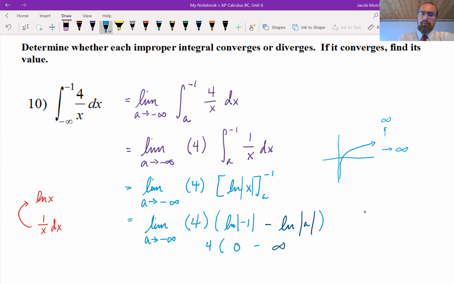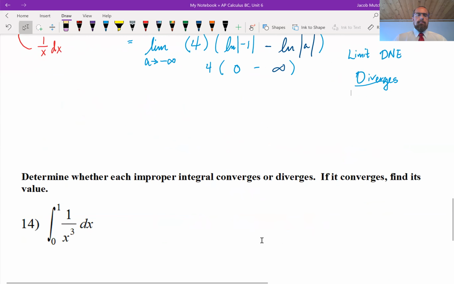And at that point, what I would claim is that this limit does not exist. And therefore, the claim that I make about the improper integral is that it diverges. If the limit at the end does not exist, we would say that the entire integral diverges.